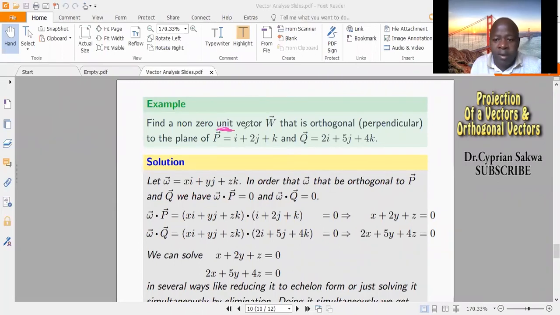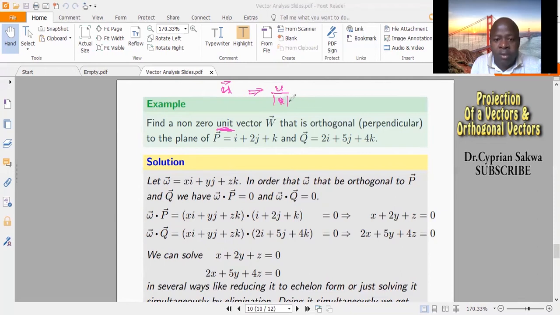Remember that in our first video, we said that a unit vector is first of all a vector of length 1. So if I have vector u, the unit vector in the direction of u, in our first video we gave it as u over the magnitude of u.